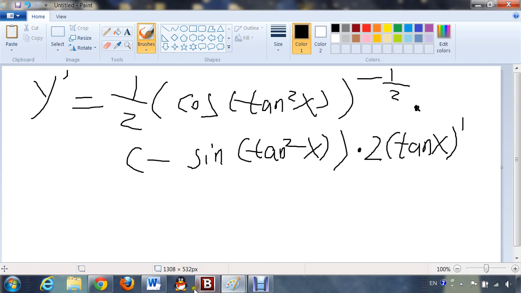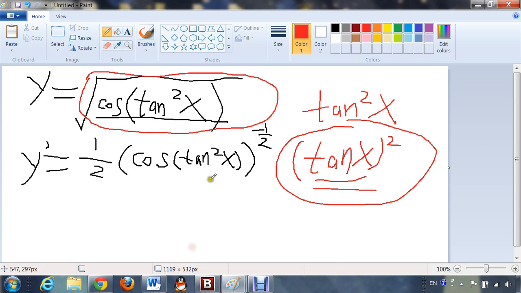So now look back at the original question again. We have already been taking the derivative of the square root, the derivative of cosine of something, and the derivative of tangent x to the power.